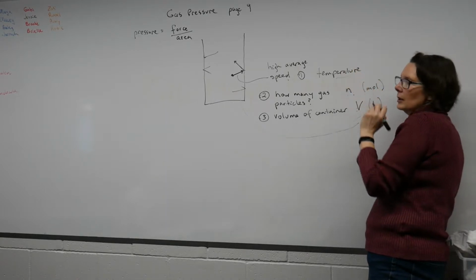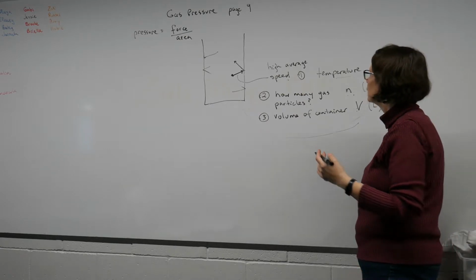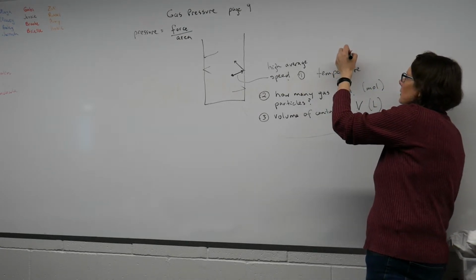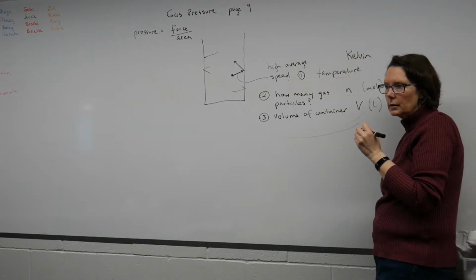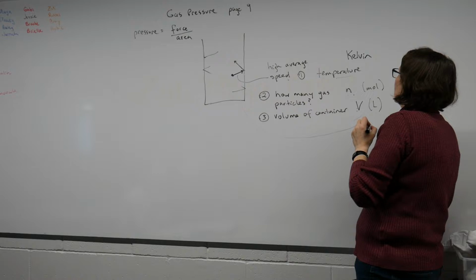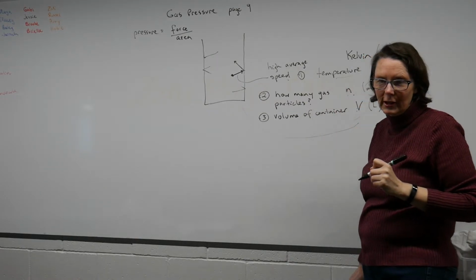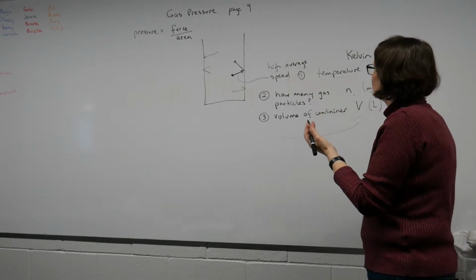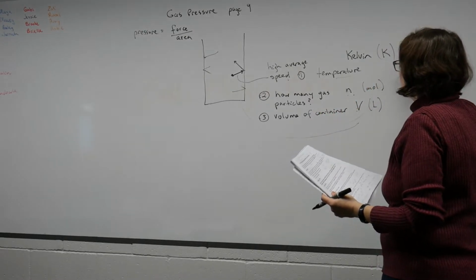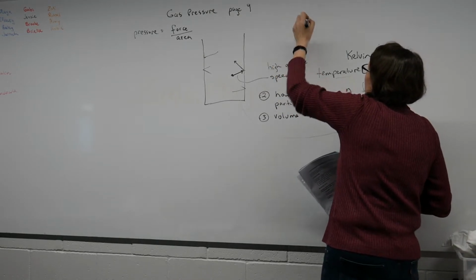And temperature, though, for all of our gas equations, we use Kelvin. Have I talked about Kelvin? Yeah. A little bit. Named after Lord Kelvin. Yes, and so this is very important. And of course, this is all for pressure.